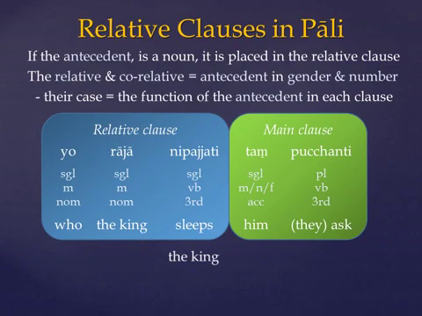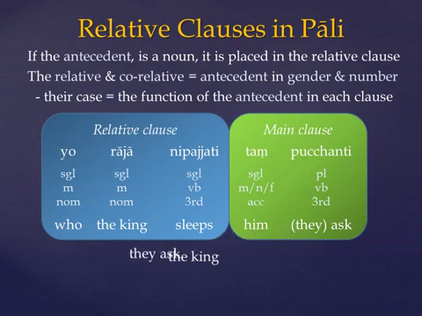So if we take the main clause first, we can see that the case of the correlative pronoun taṃ is accusative, and the verb pucchanti is a plural third-person verb, meaning they ask.